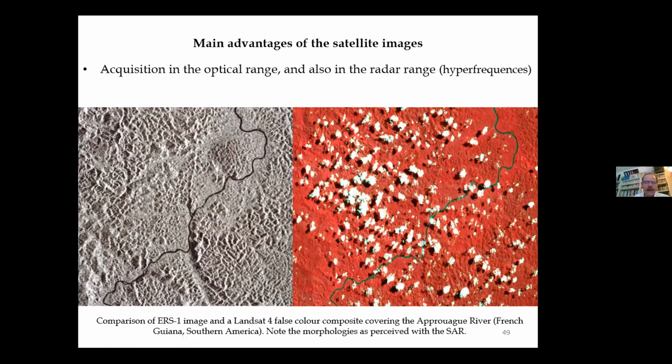So you can see that the morphology is modulated depending on the petrological properties, but also on the properties of the radar acquisition itself, because it depends on the wavelength, it depends on the incident angle of the radar, it depends also on the frequency and on the polarization of the radar signal.